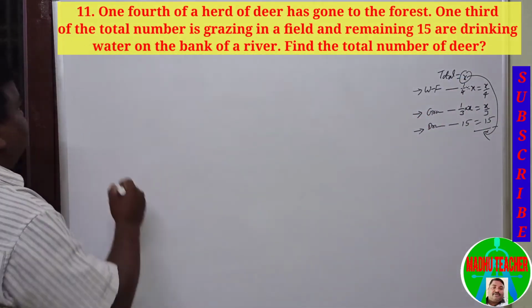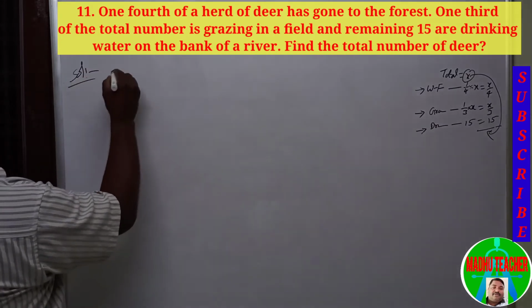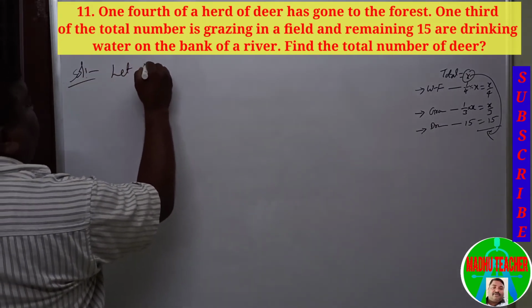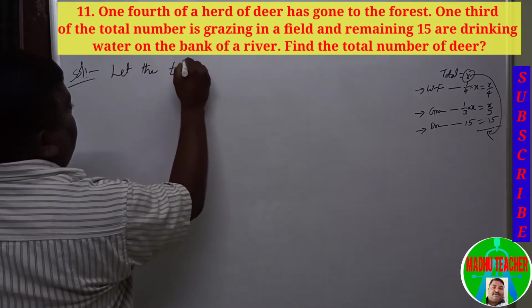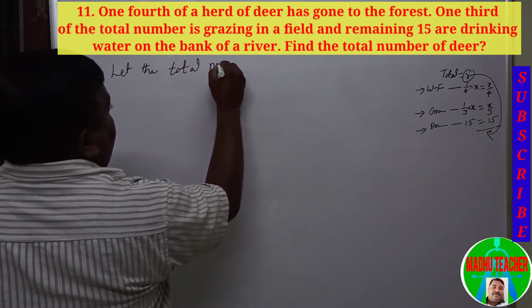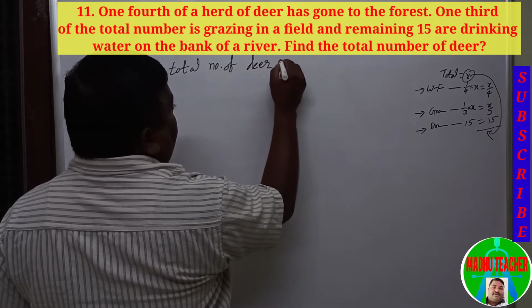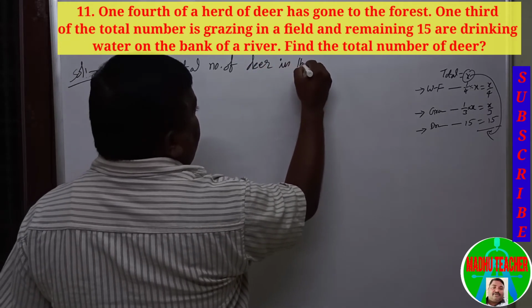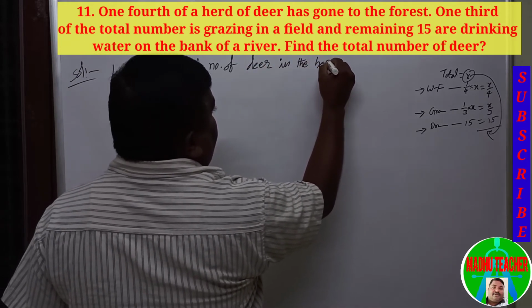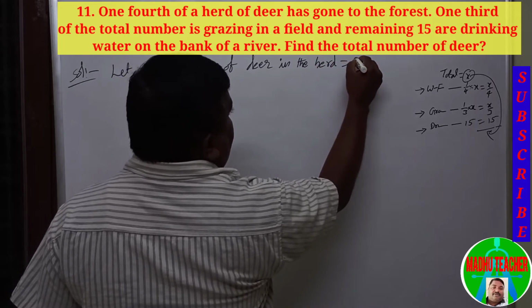So let us see. Let the total number of deer in the head equal x.